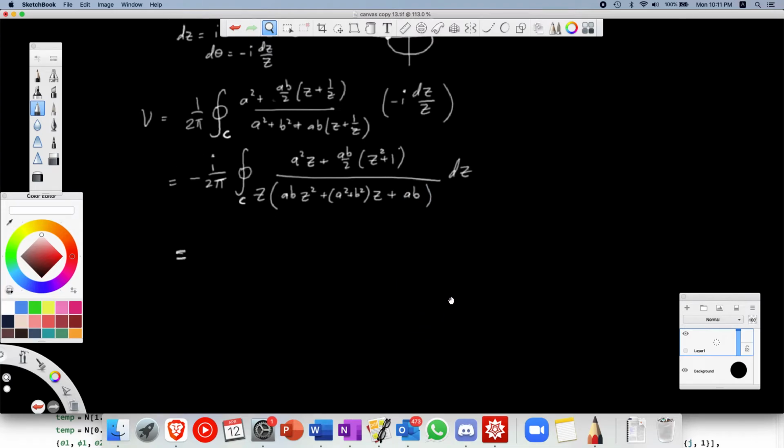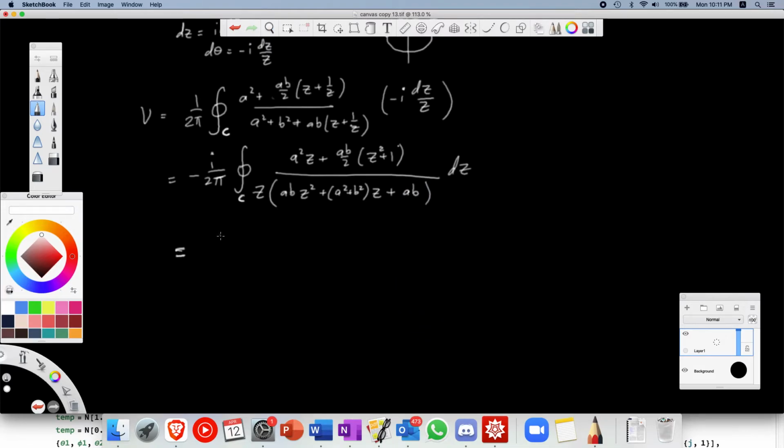Then let's check it analytically using the following steps. So minus i over 2 pi. You see that this is a quadratic, so let's factorize it. You have the numerator a squared z, and then you have z, and then you can factorize it.